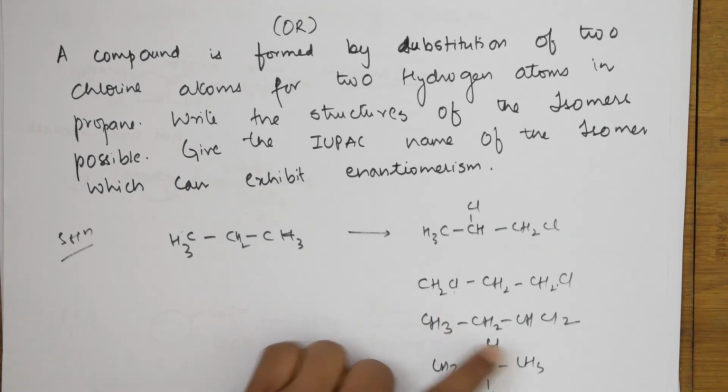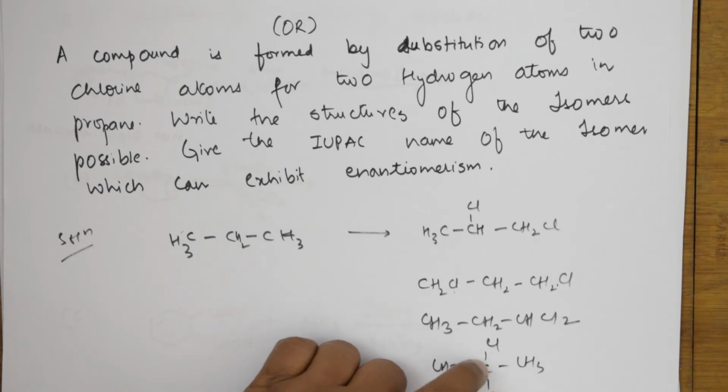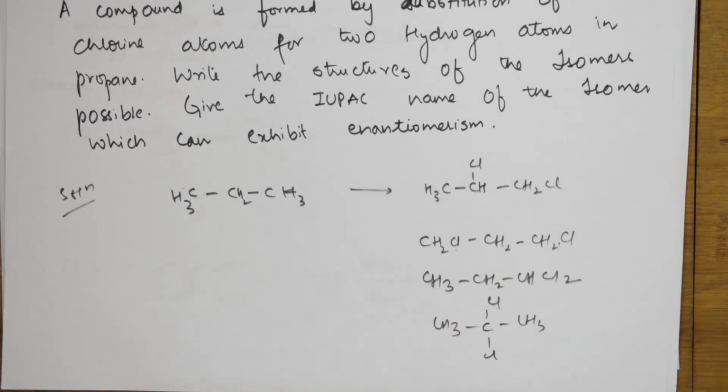When I compare this, chlorine is attached to the same carbon, not different. This carbon is not chiral, so ruled out. Now here when I see both are methyl groups, both are chlorines. Again the groups are same, isn't it? So it is not a chiral center. Yes or no? This is not a chiral center. So what is left out? The first one is left out.